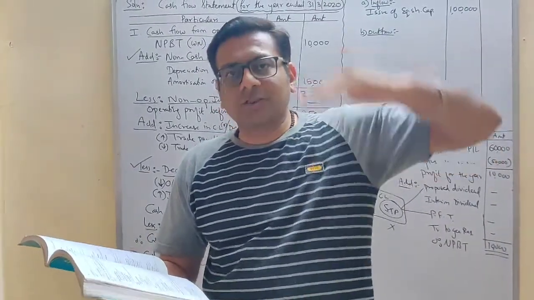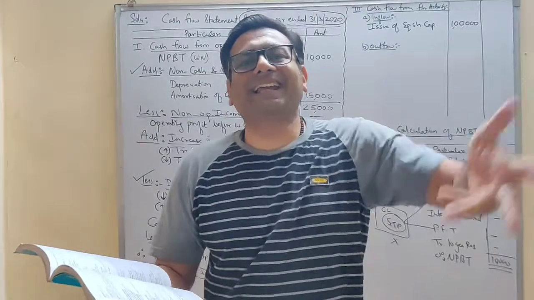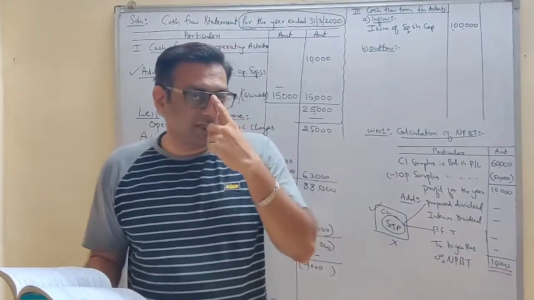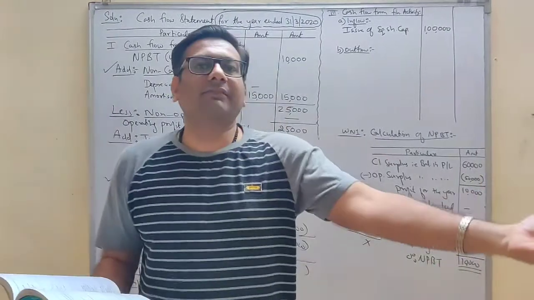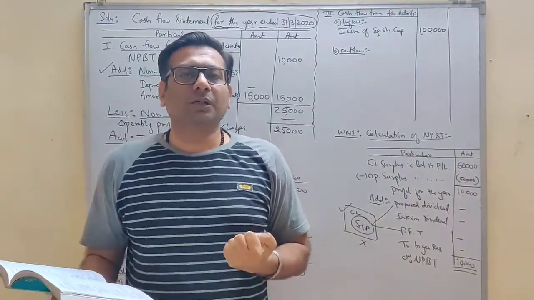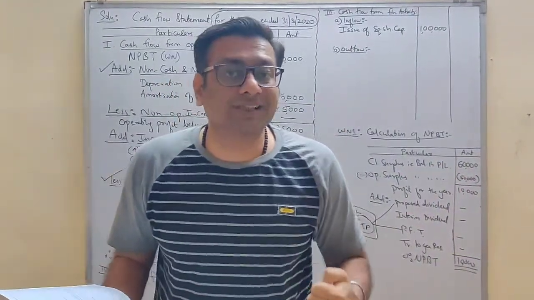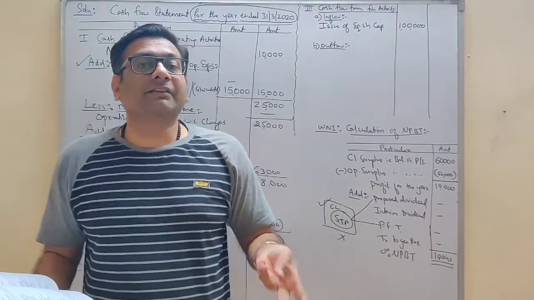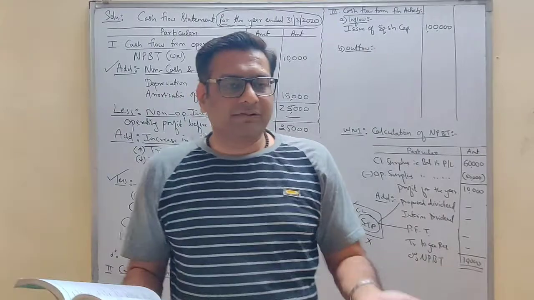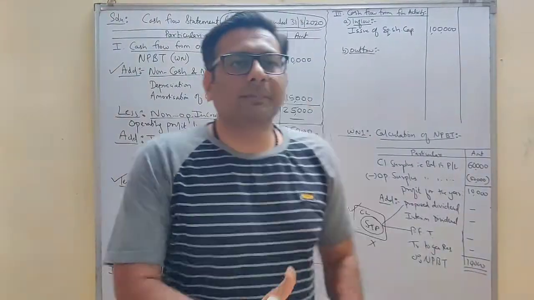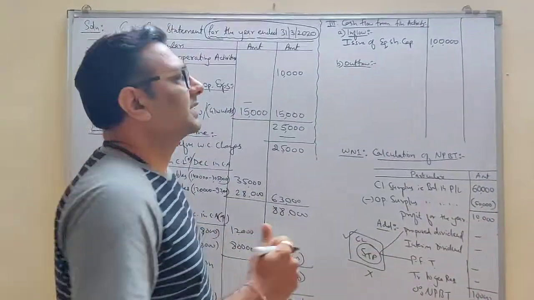So mortgage loan is increasing. Students, now you have to think: the balance is increasing, the loan is increasing. What does it show? We have taken additional loan. If we take additional loan, think and answer me, is it inflow or outflow? Yes, it is inflow. Whenever your loan balance is increasing, it means you have taken money from the bank. It's an inflow.